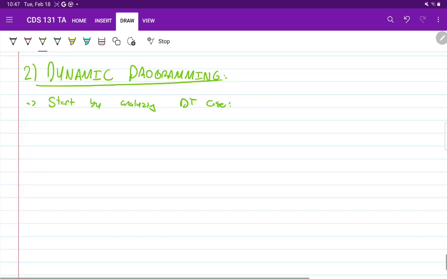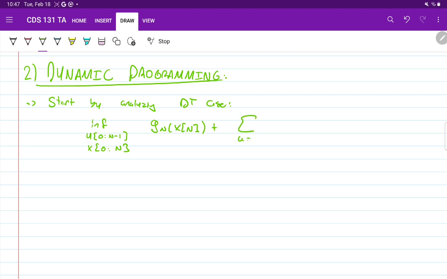Okay. So we'll consider a basic discrete time optimal control problem. We want to minimize over the sequence u going from 0 up until N minus 1, x going from 0 up until N, of g_N of x_N plus the sum, k goes from 0 to N minus 1, of g of x_k, u_k, and this is subject to x_{k+1} equals A x_k plus B u_k, right?